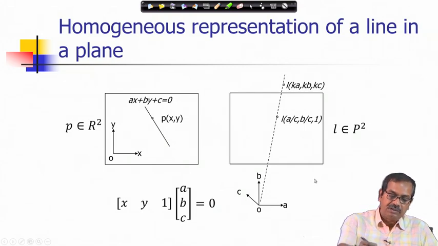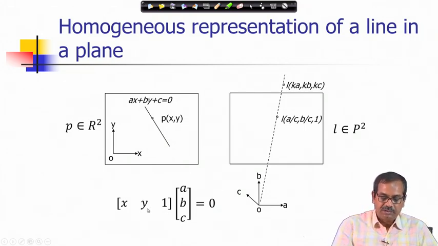We can denote this relationship of the straight line in this form, which is a dot product of the two vectors, or we can say it is a matrix multiplication, where this is represented as the transpose of the column vector of the projective point, and this is the straight line vector.